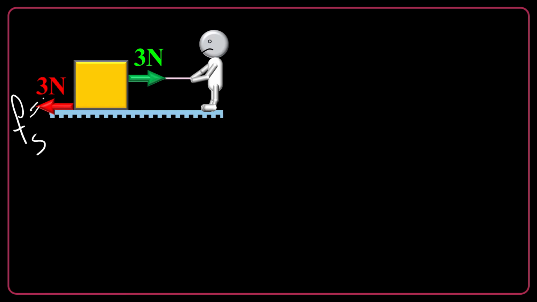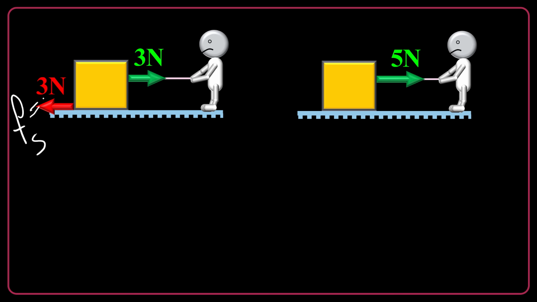Let's say I'm pulling the object with a larger force like 5 newtons, and again the object is at rest. What's your opinion about the Fs? Is it again 3? If it is 3, the object will accelerate rightward. But I told you the object won't move. So it seems the object is opposed by a larger static friction.